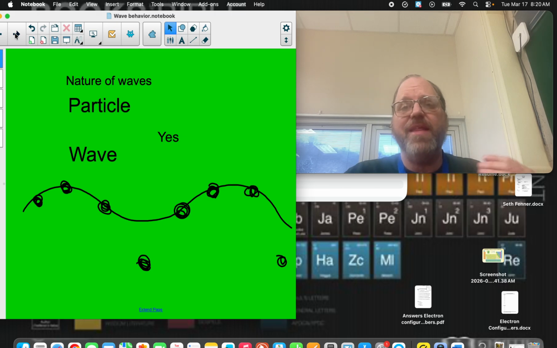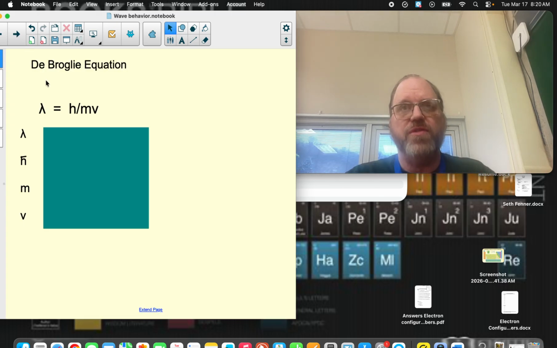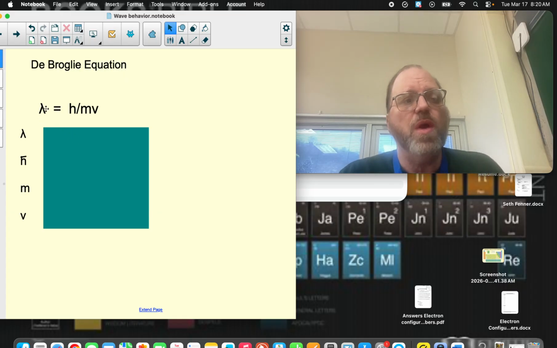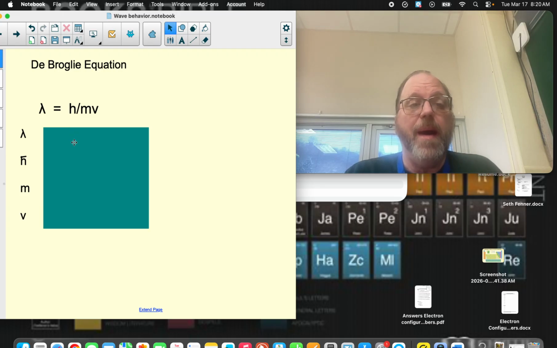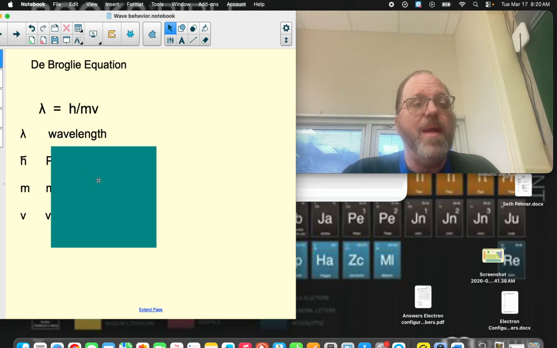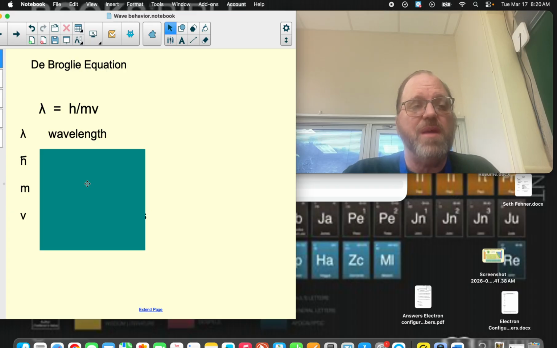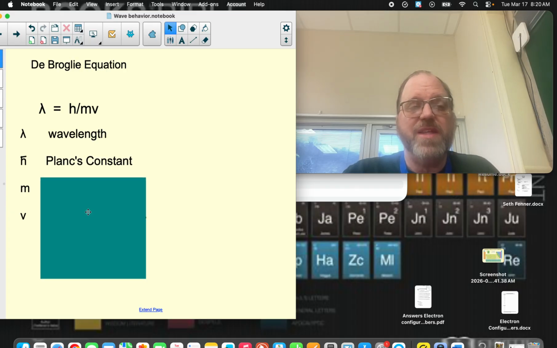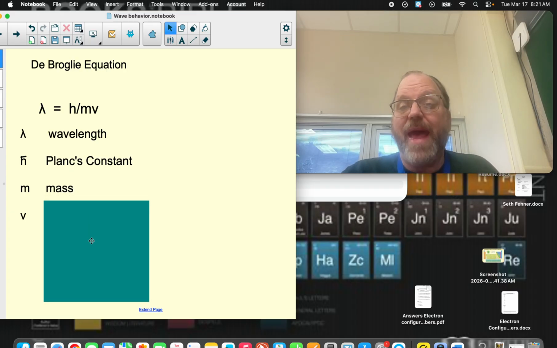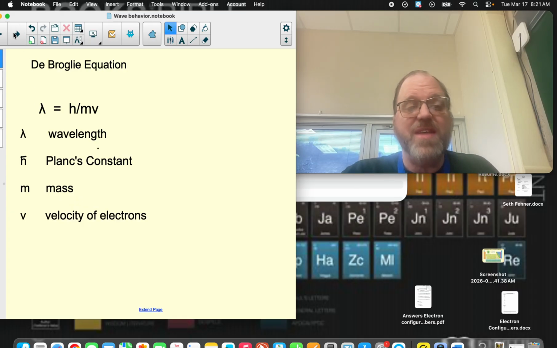So to find the way that the light moves in terms of speed and all that, we get what's called the de Broglie equation, which states that the wavelength is equal to h over mv, where lambda, of course, is wavelength, h is Planck's constant, m is the mass of the particle, and v is the velocity of the electrons.